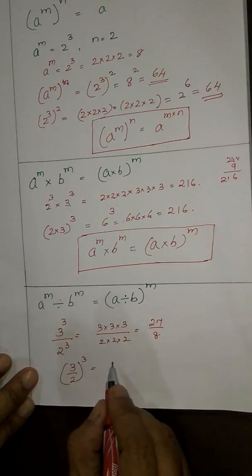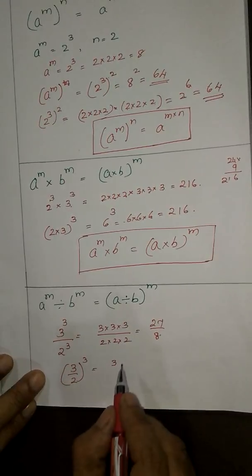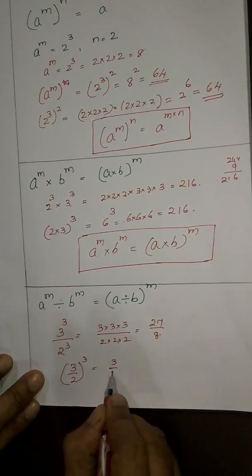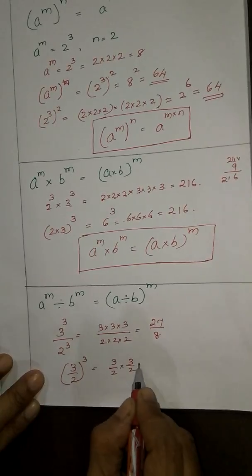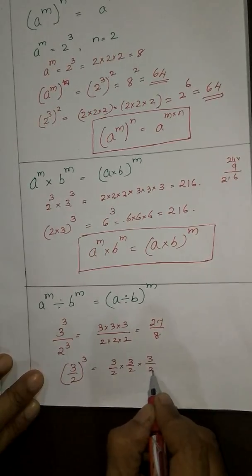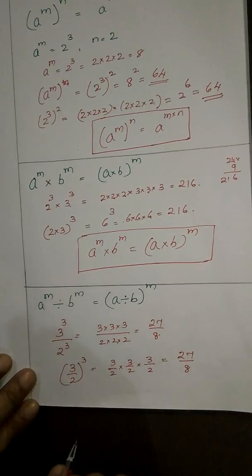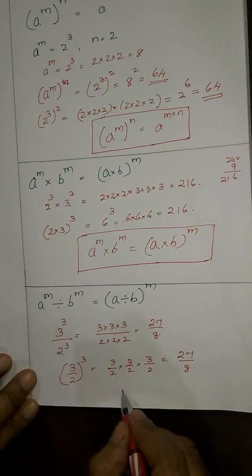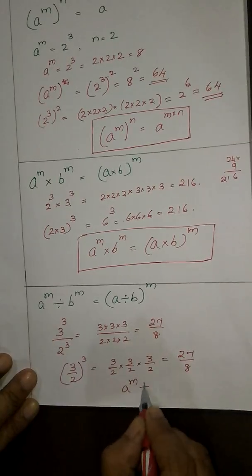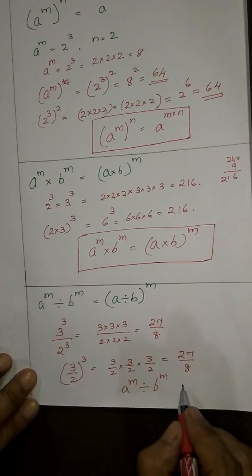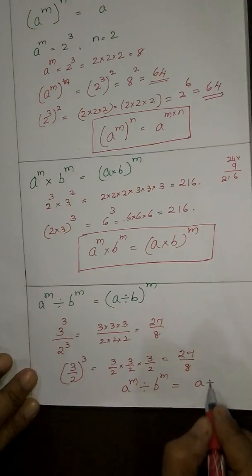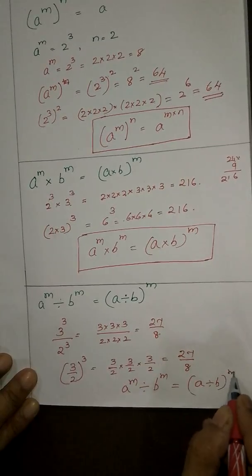So this will be equal to 3 by 2 into 3 by 2 into 3 by 2, that is also 27 by 8. So you got the law a to the power of m divided by b to the power of m is equal to a divided by b, the whole to the power of m.